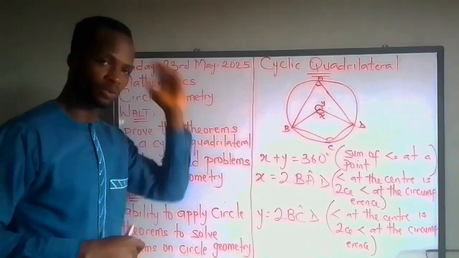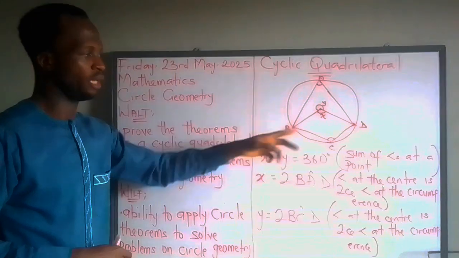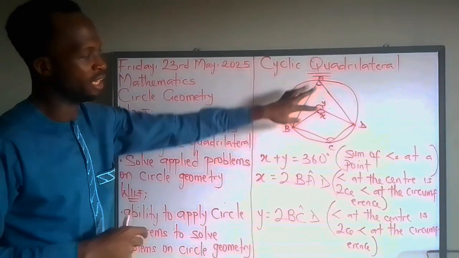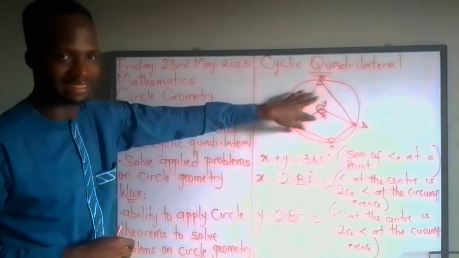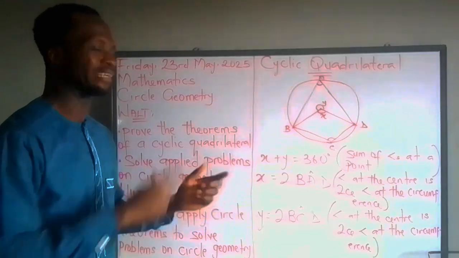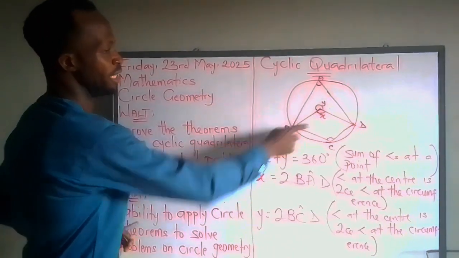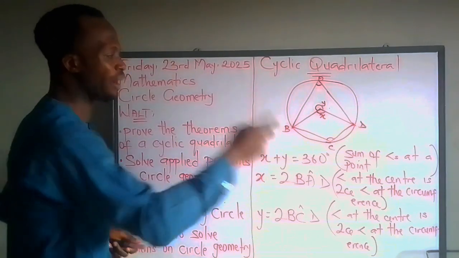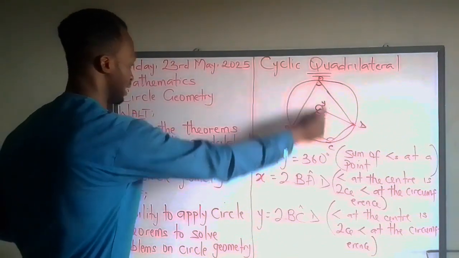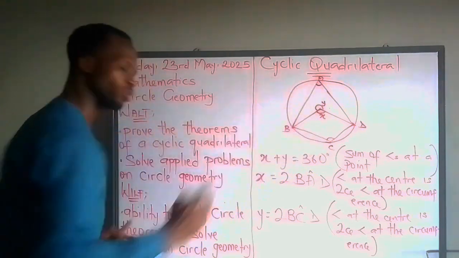Now we have two angles at the center, and if the two angles at the center equal 360 degrees, and the theorem states that the angle at the center is twice the angle at the circumference, in this case now, the two angles at the circumference.